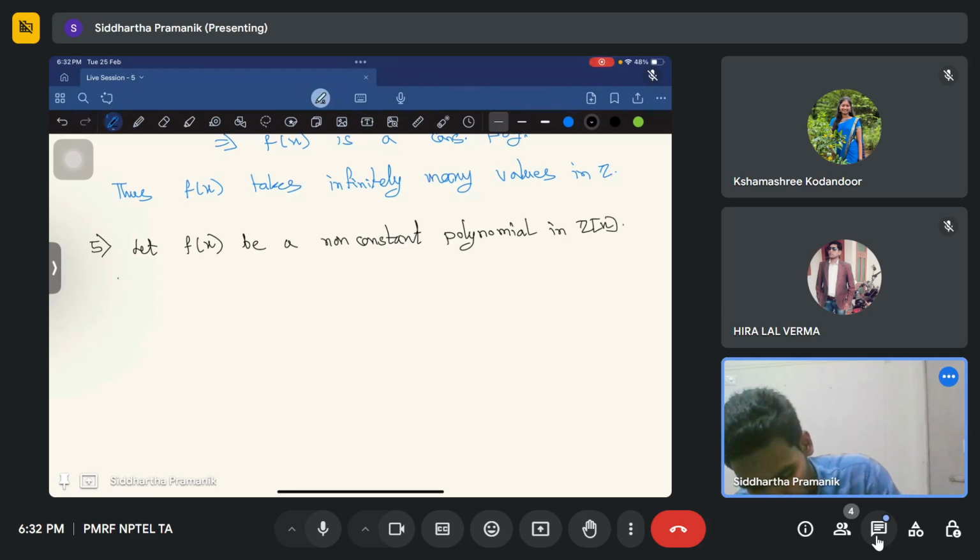Then prove that the ideal generated by f(x) cannot be a maximal ideal in Z[x].